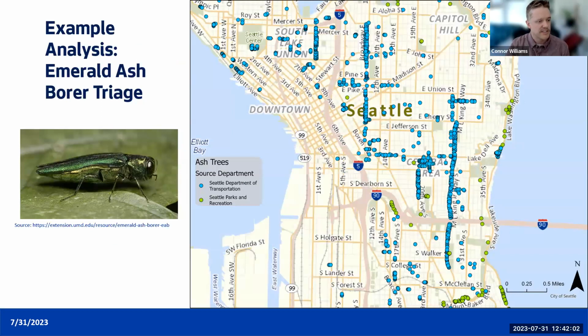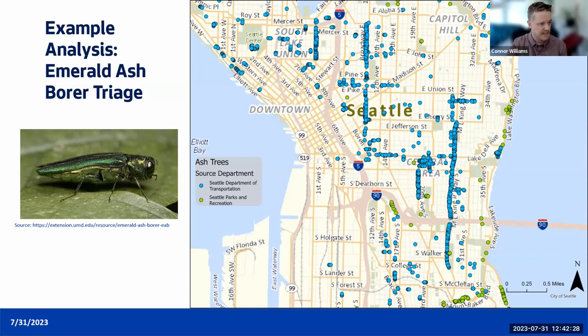So to bring this home for you, the example analysis I want to talk about today is an Emerald Ash Borer triage map. So this is a view of the completed data set where I've done a query for all ash trees in the city. That's because Emerald Ash Borer, this kind of beautiful little guy here, is an invasive pest that's moving from the eastern North America west.